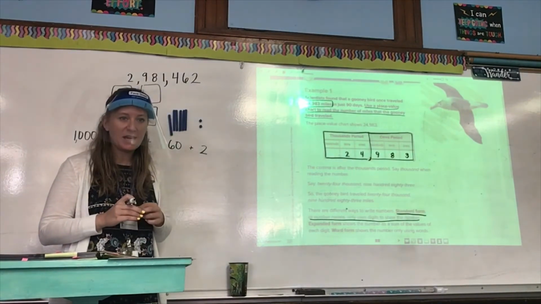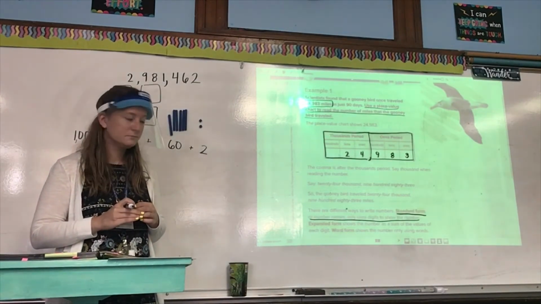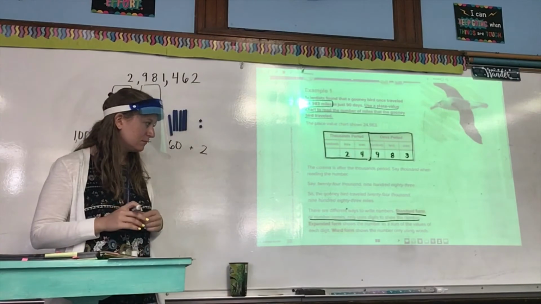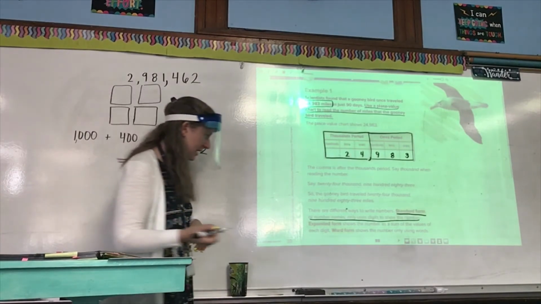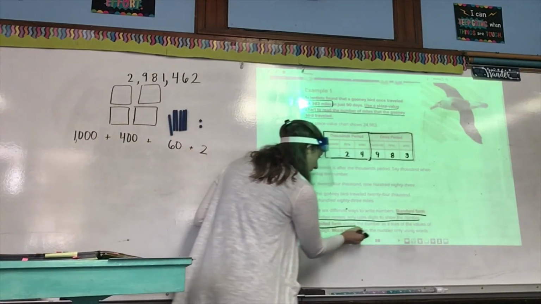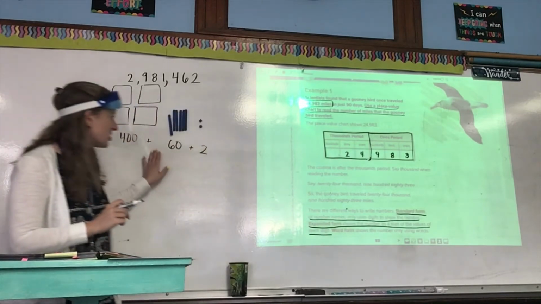Okay, Smith, go ahead and read the next sentence and then pause. Expanded form shows the number as a sum of the values of each digit. Like this.